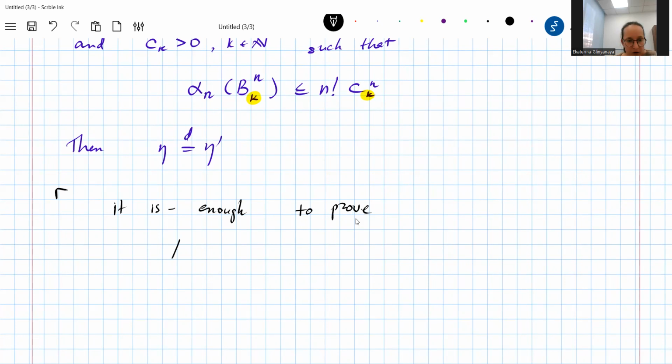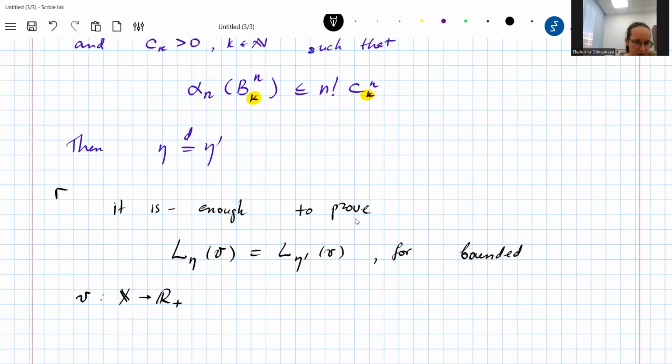that the Laplace transform, denoted by L, of eta at v is equal to the Laplace transform of eta prime at v, where v is a function from X to R plus. So this is a non-negative function, unbounded.